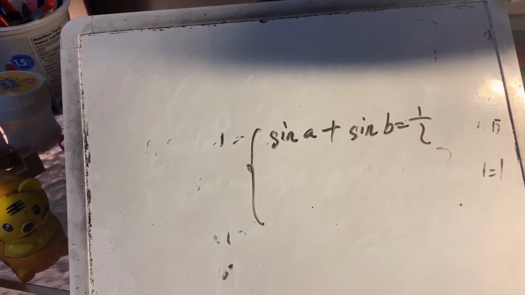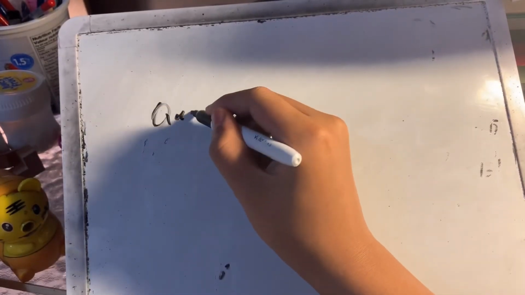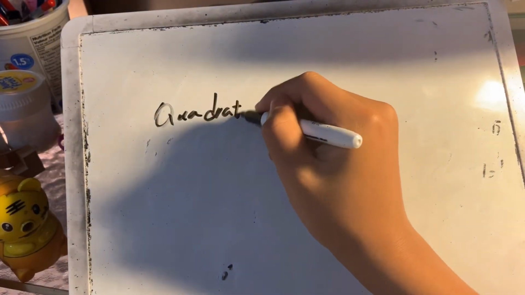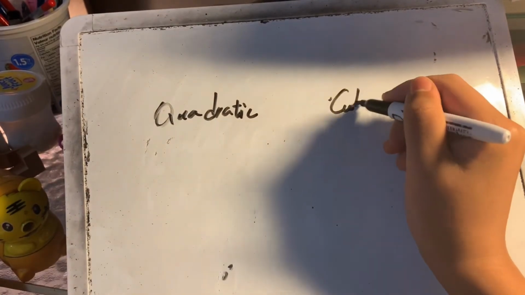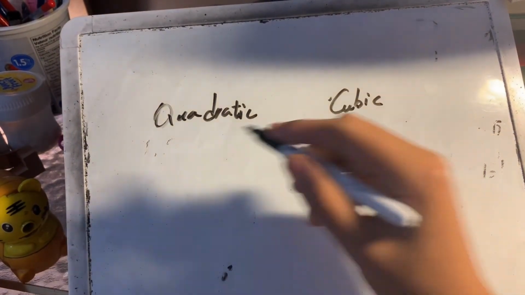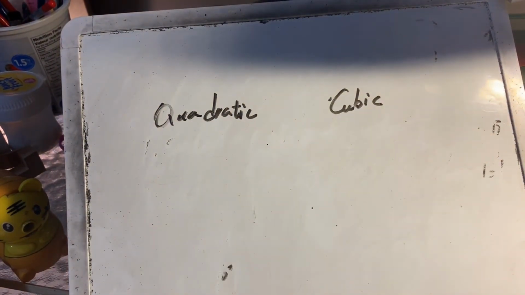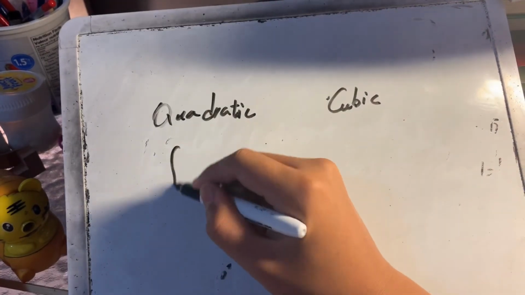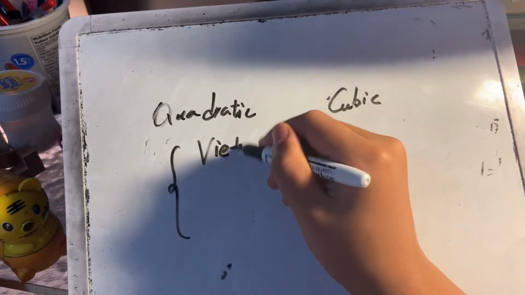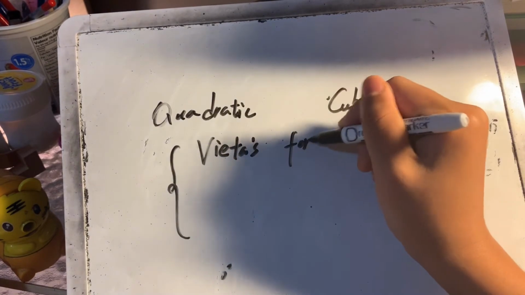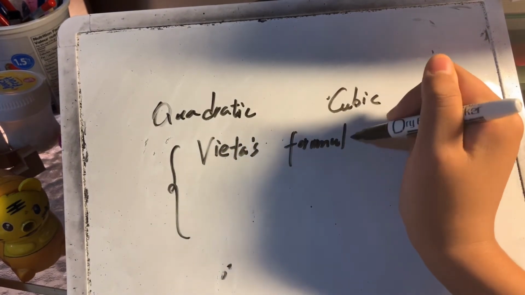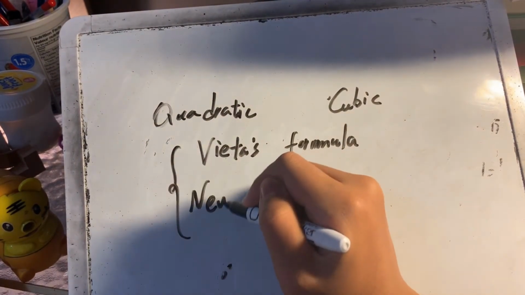Second is equations. For equations you need to understand quadratics and cubics. Here are some things that you have to understand. First is Vieta's formula. Second is Newton's formula.